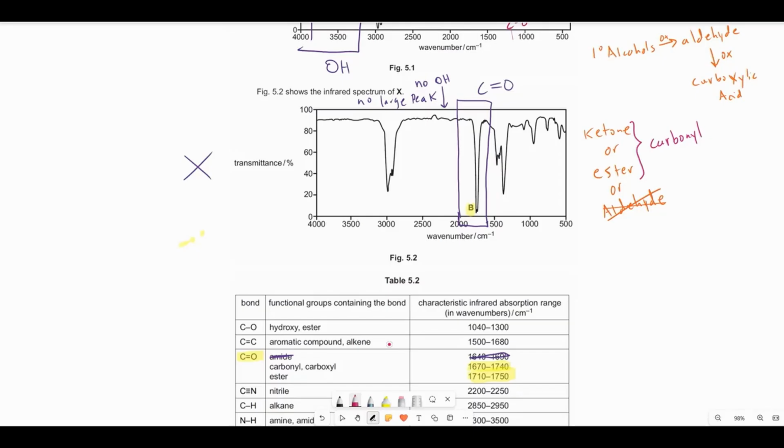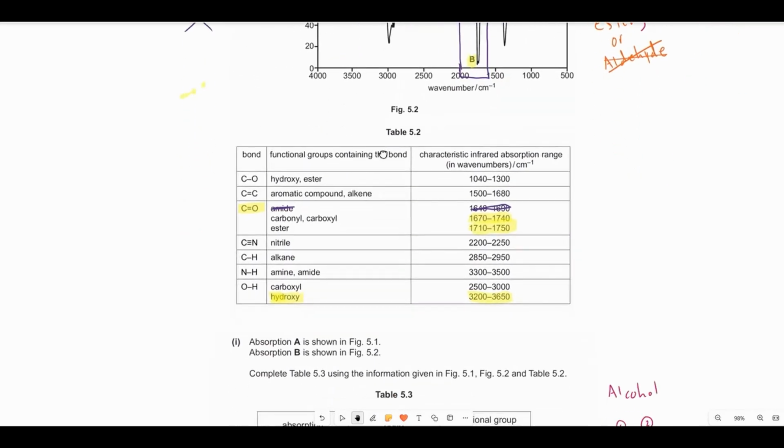The whole thing with chapter 18 was the carbonyl groups. So when we look at our chart again, and always rely on your chart, that deep peak is going to be carboxyl, which we know is not it because there is no OH peak. It could be an ester, or more widely it could be a carbonyl.